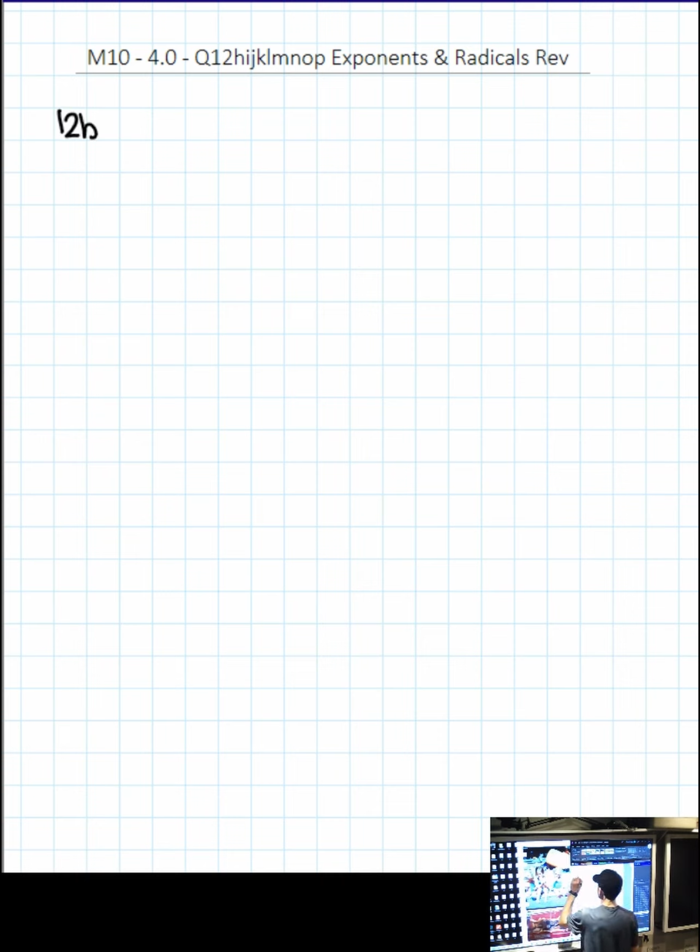Okay, 12H. Some more negatives with exponents. We have negative 5 to the 3 over 2. So we can convert it. So that's going to be the square root, open bracket, negative 5, close bracket, cubed. Now, we can't square a negative.